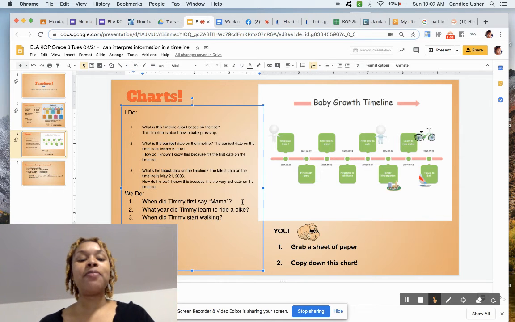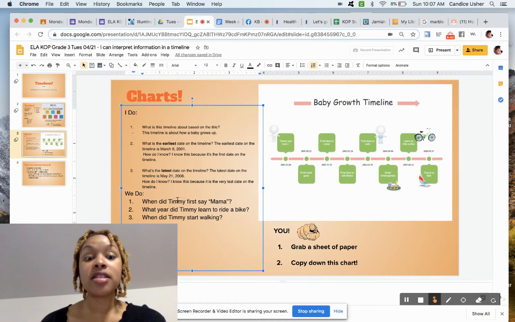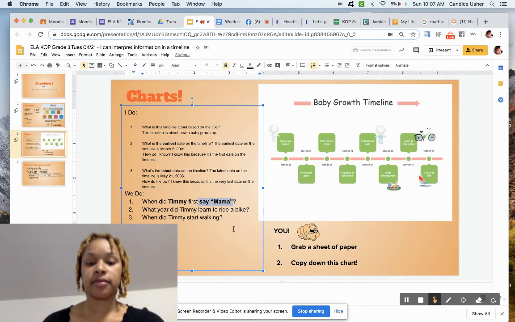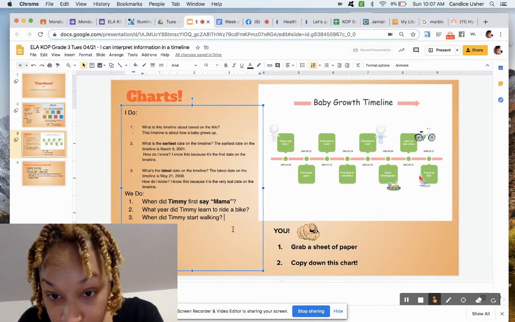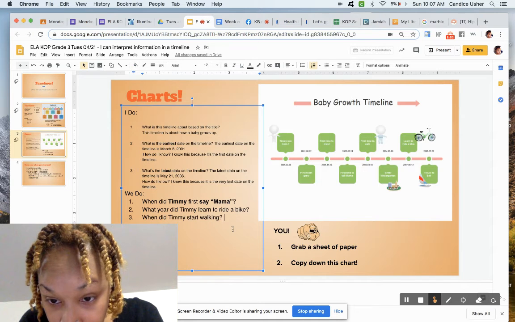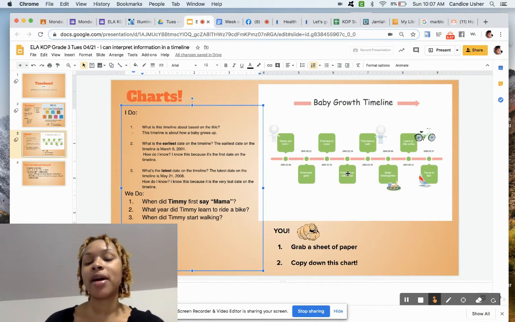When did Tiffany first say mama? So I'm going to look at the timeline to search for these keywords. So we're looking for Timmy and when he said mama. So let's see. He first grew his tooth there, first time crawling, first time to call mama. Oh, I see the word mama in this event.